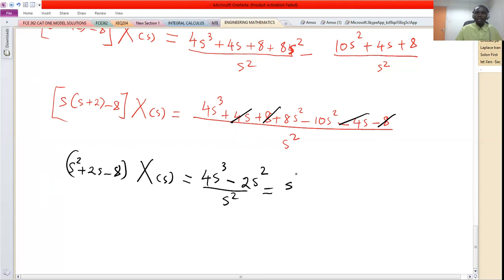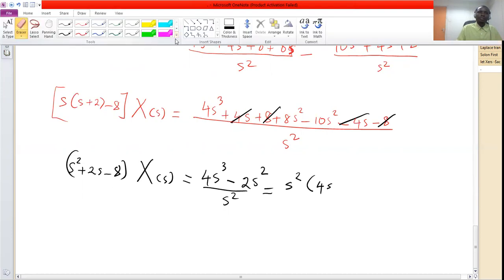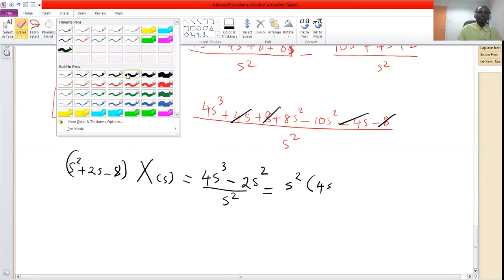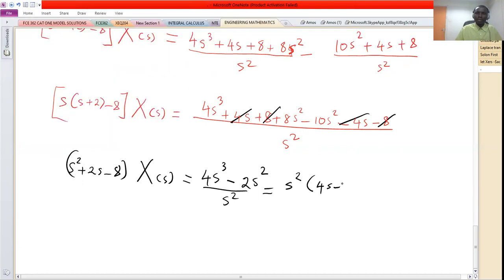And you see that you can factor out S squared, and then you have 4S minus 2 divided by S squared, and then this and this cancels out.